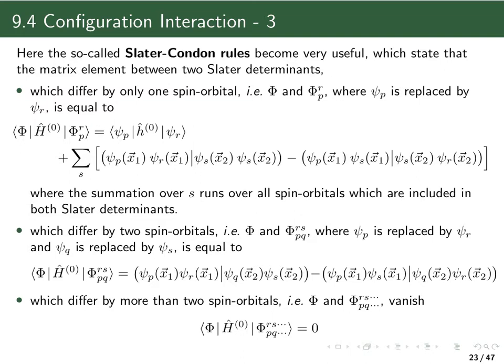What the rules are all about is that one looks at how the two determinants, the determinant in the bra and the determinant in the ket in this integral, differ from each other. Differ means by how many of the spin orbitals or spatial orbitals these determinants differ. And one then distinguishes different cases: if they do not differ, if they differ by one spin orbital, if they differ by two spin orbitals, or if they differ by more than two spin orbitals.